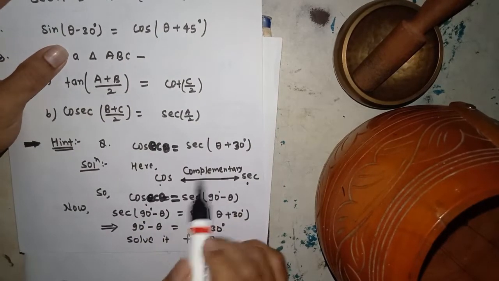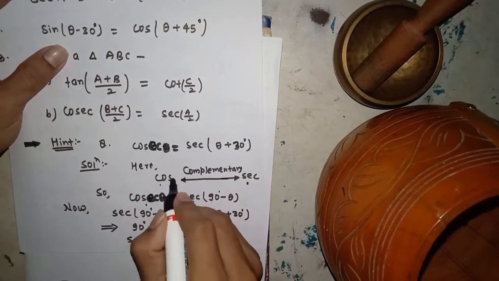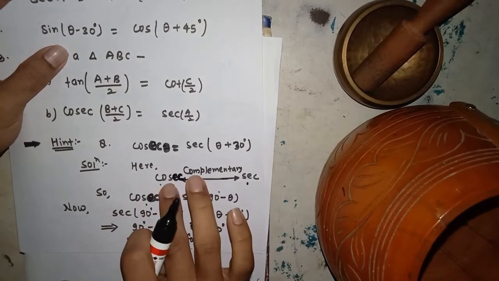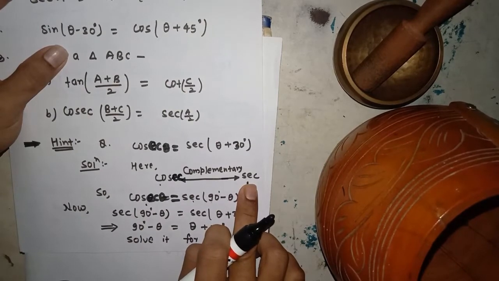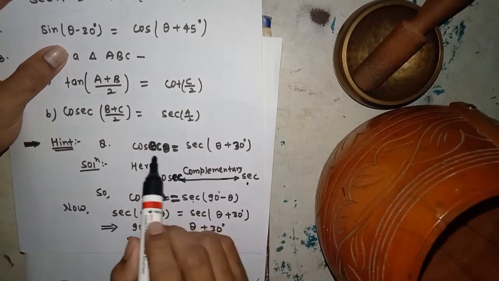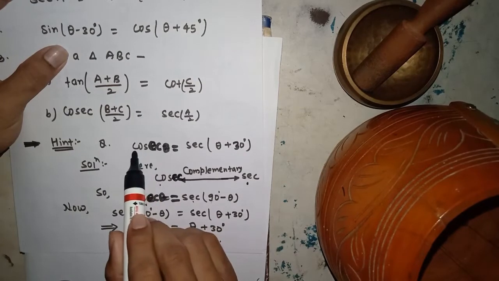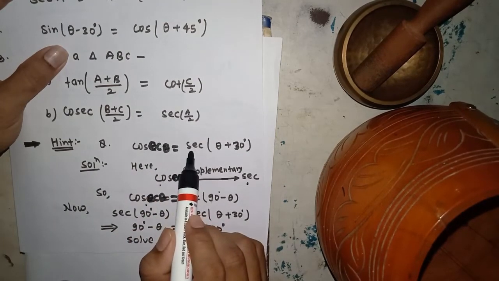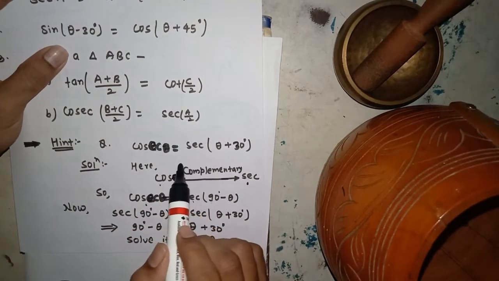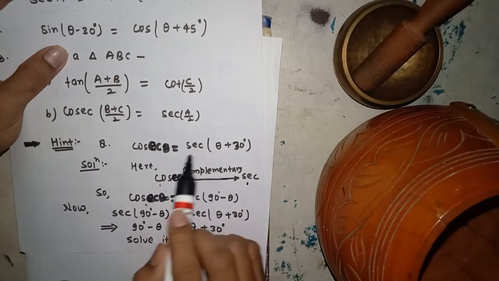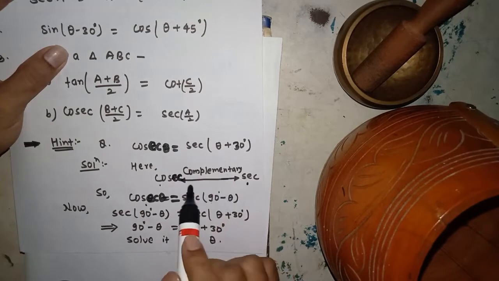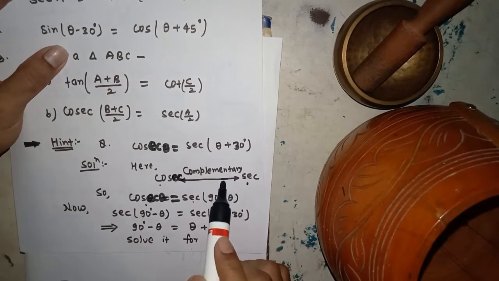Here we already know that cosec is complementary to sec. You got my point? Because in the question it is given that there is cosec and sec, so in our mind we think that cosec and sec are complementary T ratios.